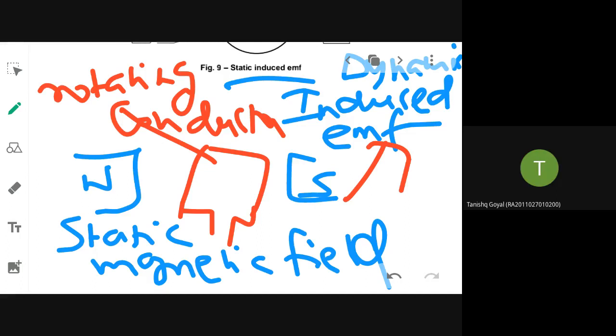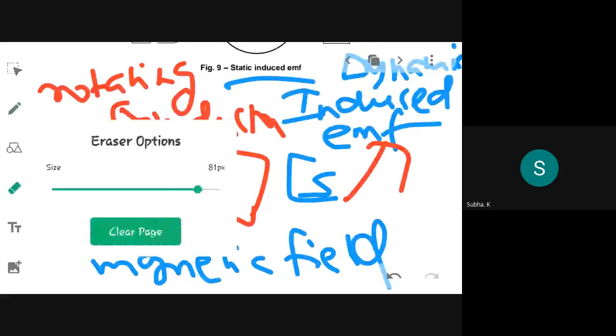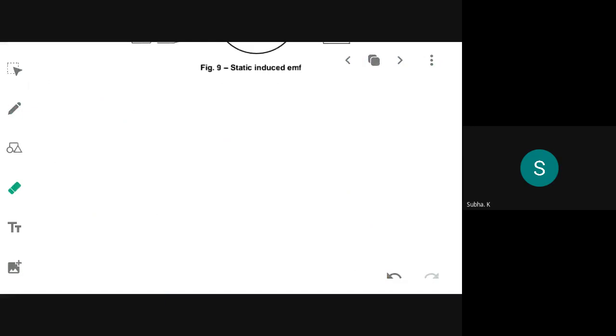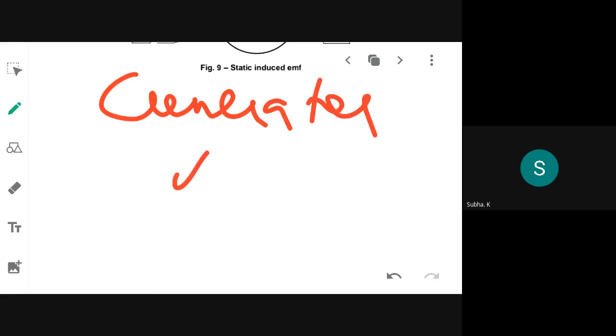Dynamically or statically? Dynamically. Okay. An example for the setup is what machine? What is the working principle? Generator. Yes, very good. Generator is a good example for dynamically induced EMF.